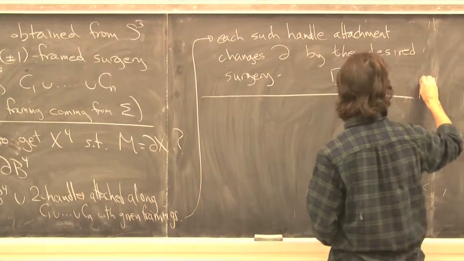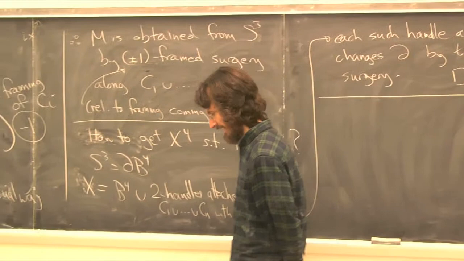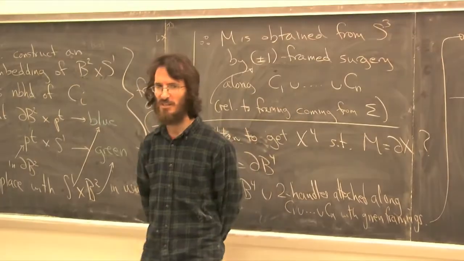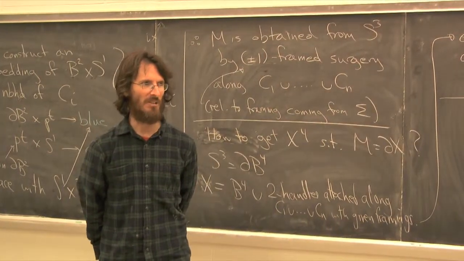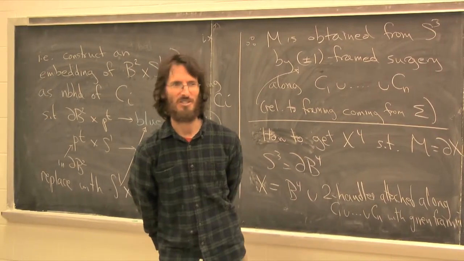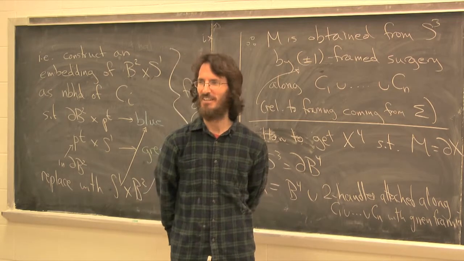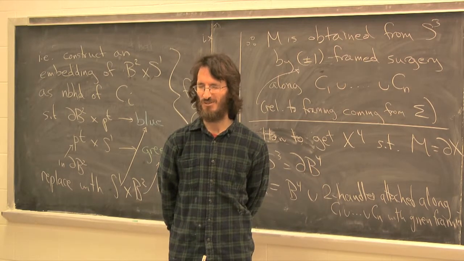Now, this depended upon knowing that the mapping class group of a closed surface was generated by Dehn twists along simple closed curves. I wanted to actually give you a Morse theory proof of that as well, although the original proof is sort of easier. But I couldn't quite figure it out.